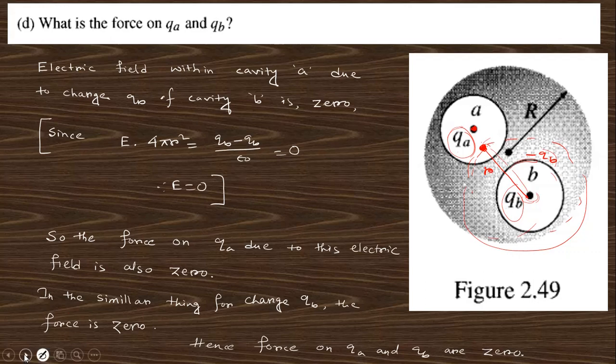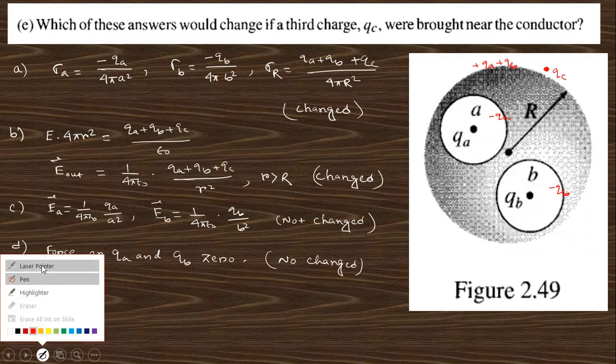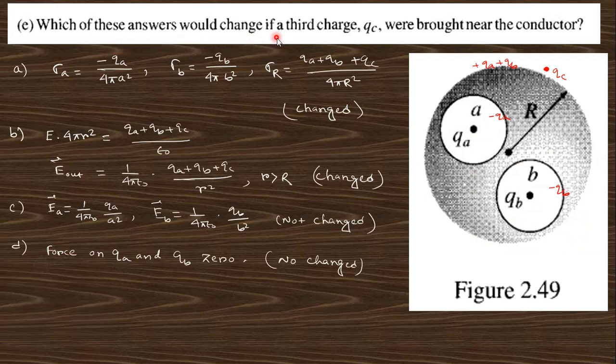Go to the next portion, which says: which of these answers will change if a third charge qc is brought near the conductor? If we take another charge qc near the conductor, what answer will change, you need to find out. For sigma a there will be no change, because the minus qa charge is induced, and the qb charge induced is the same.